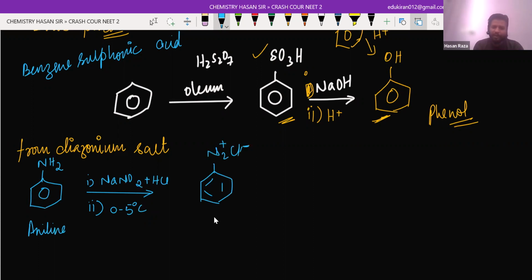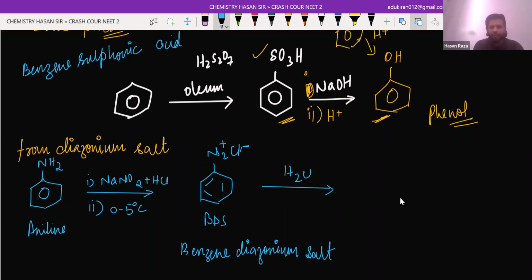BDS means benzene diazonium salt. After getting this, you react it with H2O, or hydrolyze it. The N2Cl minus will be replaced by the hydroxyl group of H2O, and you will get phenol. So this is the third preparation of phenol.